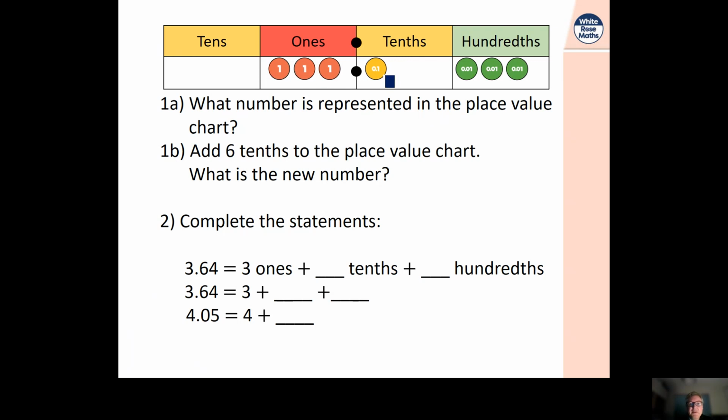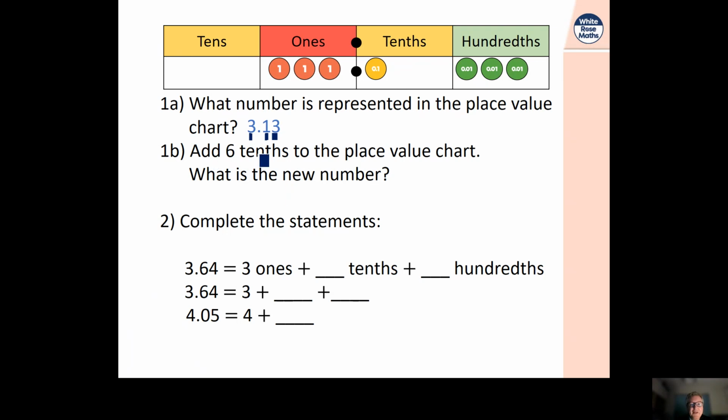We've got 3 ones, we've got 1/10 and 3 hundredths. And then we can see that represented as there are the 3 ones and the 1/10 and the 3 hundredths.